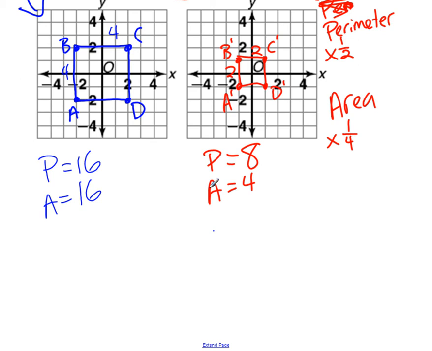How did we get the area of the blue shape? We multiplied 4 times 4. That's how we got the area. Over here, where did 2 come from? How did we get 2? Because we took half of 4.